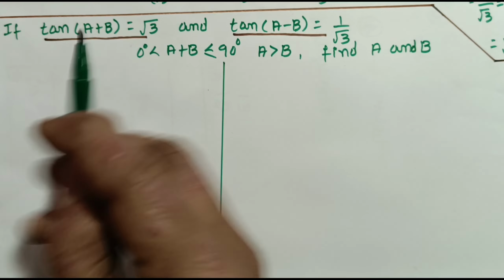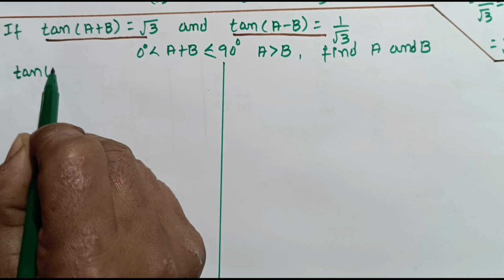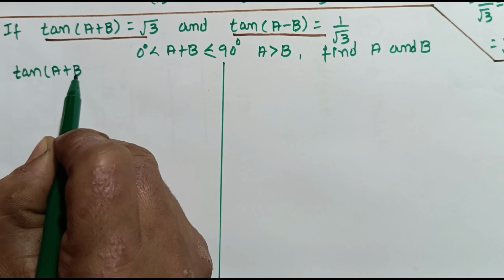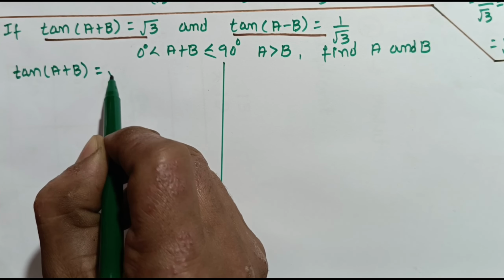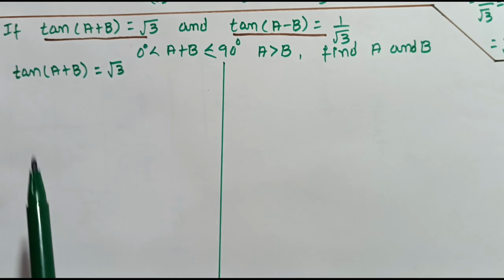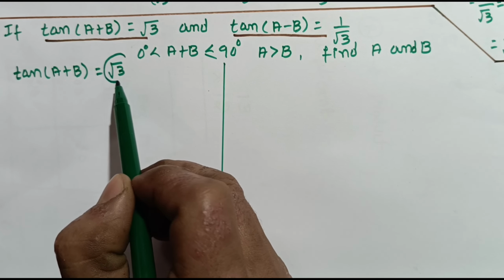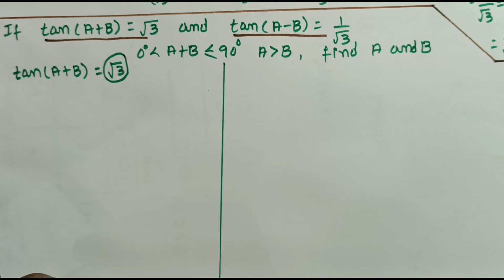Now I will write that expression. Tan(a + b) equals root 3, whatever they have given in the question. Now look at the trigonometric table. What is the root 3 value?